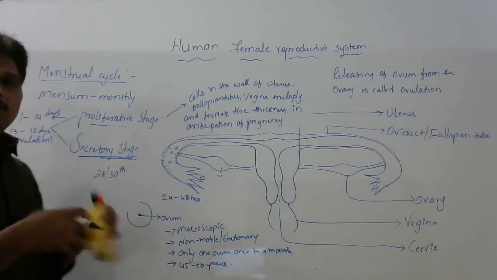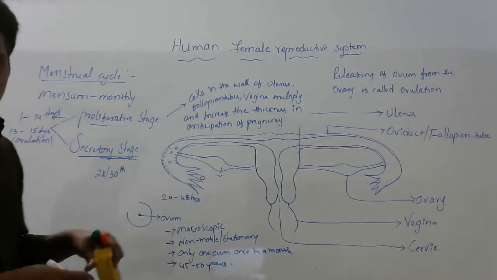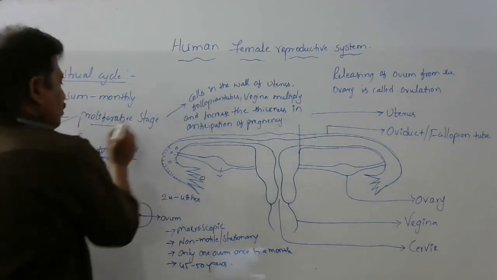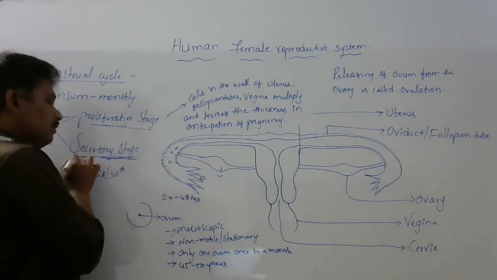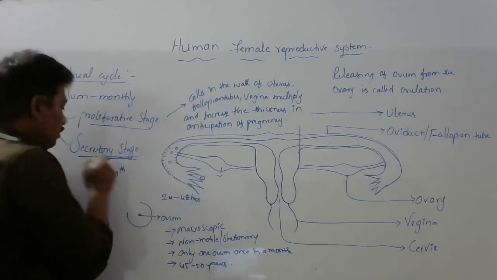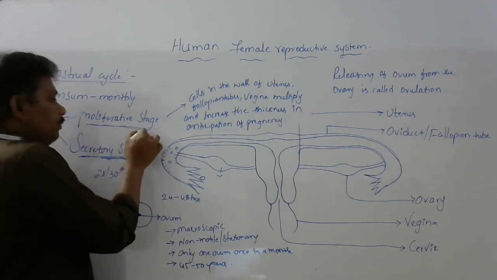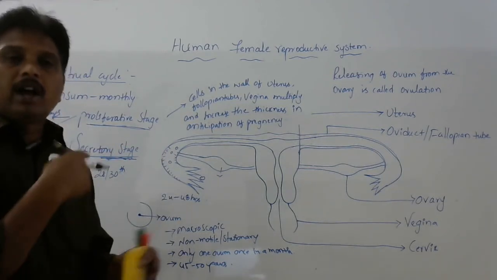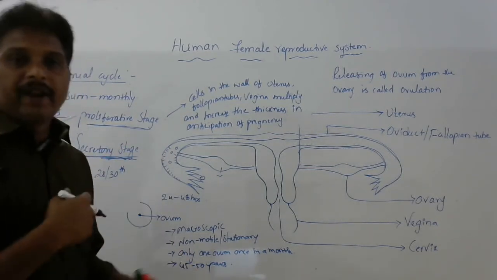After expelling every waste material outside, again proliferative stage starts. Again, if there is no zygote formation, secretory phase. This cycle will continue till the female attains pregnancy.